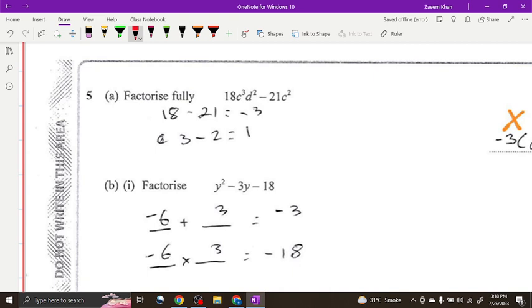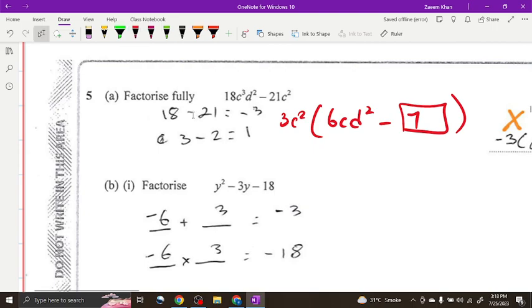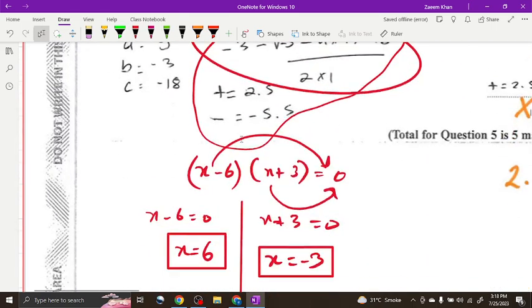No, wait. 7 would divide 21, yes, but not 18. 3 with 18? Let's try 3. Can we take any letters that are common or variables? C squared. We get 6cd squared, and what's going to go over here? It's just 7. That's your answer. You did this part correctly.